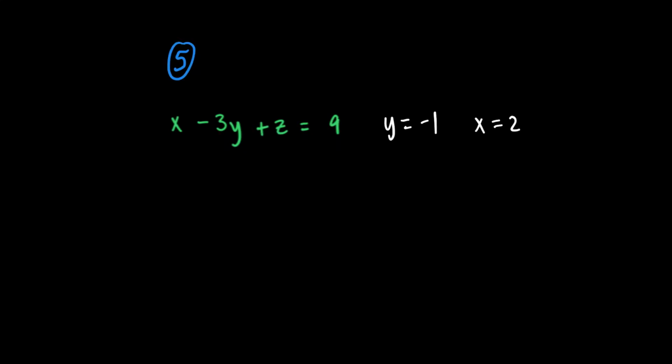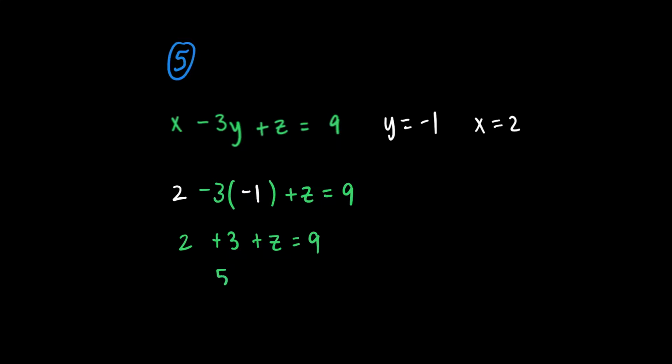So with the green equation, we've got x, which is 2, minus 3 times y, which is -1, plus z is apparently equal to 9. So 2 plus 3 plus z is equal to 9.